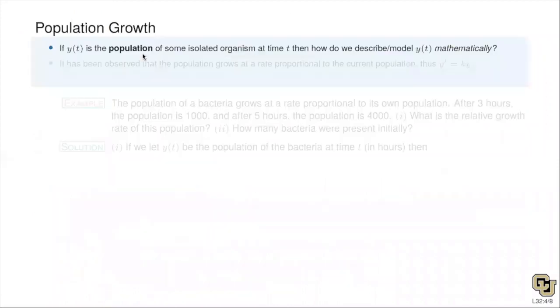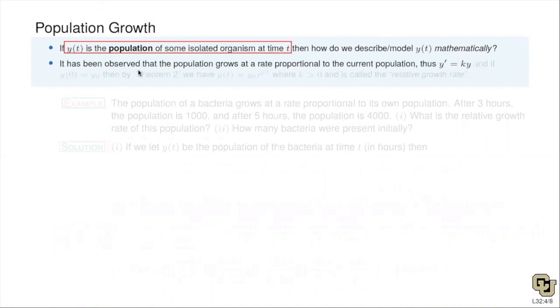So let's now do some problems. Let me show you, the problems are a lot more straightforward than you think. There's very little actual calculus involved. Here, suppose y of t is the population of some organism at time t. In general, it's been observed that populations grow at a rate proportional to the current value of the population.